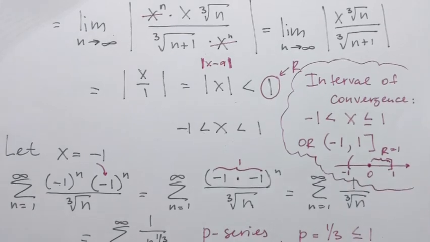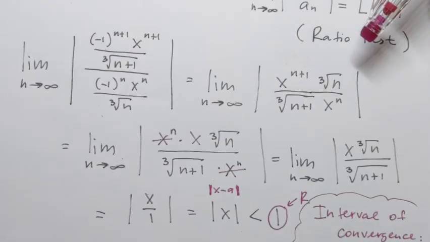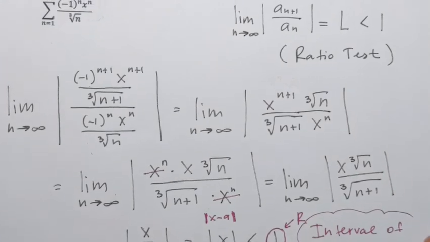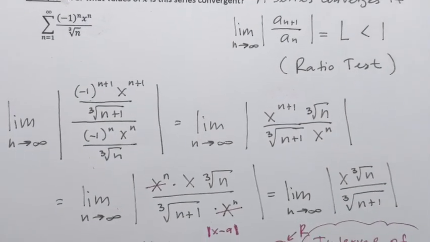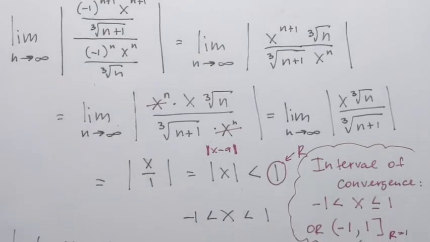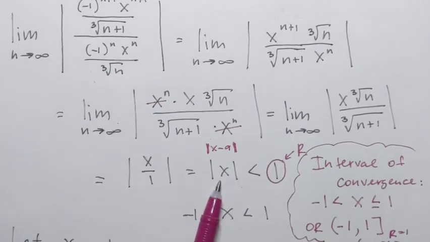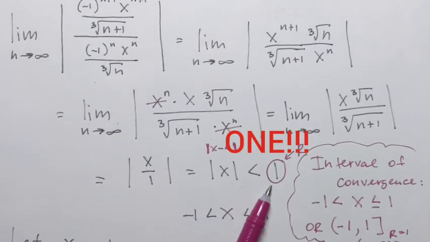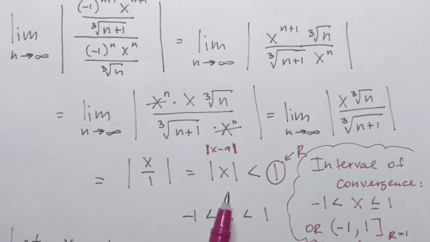Let me briefly recap the steps. So once you're given a power series and you're trying to find the interval of convergence, you start by applying the ratio test most of the time. In some cases, it could be a root test. Once you obtain the result of the limit, then you say that, well, that result has to be less than 1 because that's when the series is convergent. But you need to remember that the ratio test or root test fail at the endpoints of the interval.